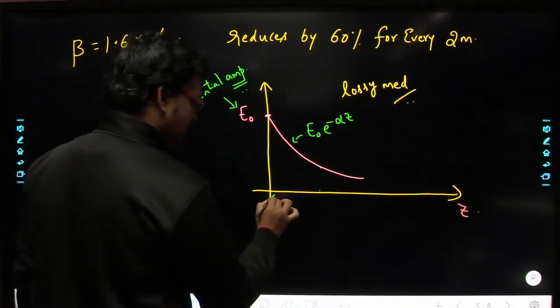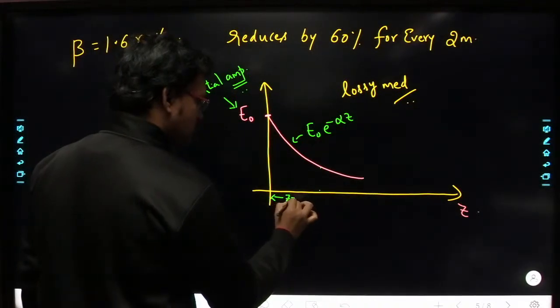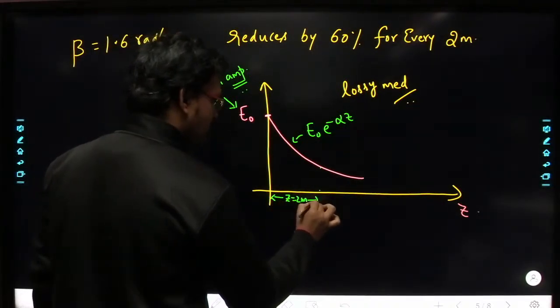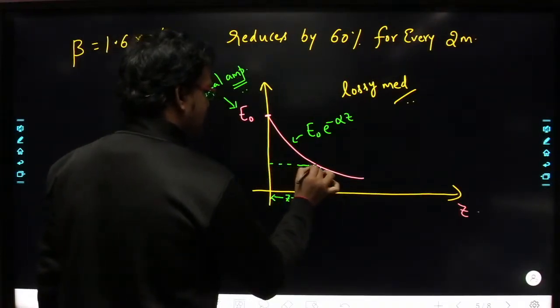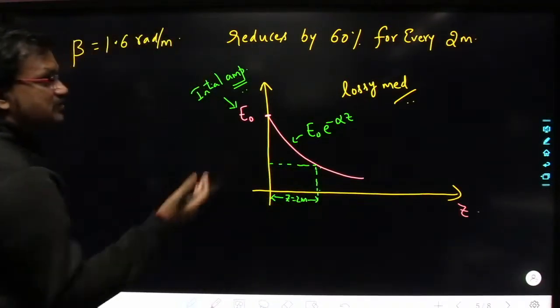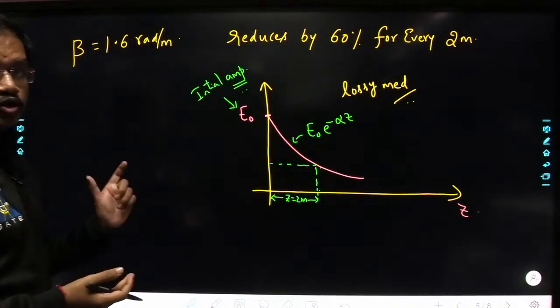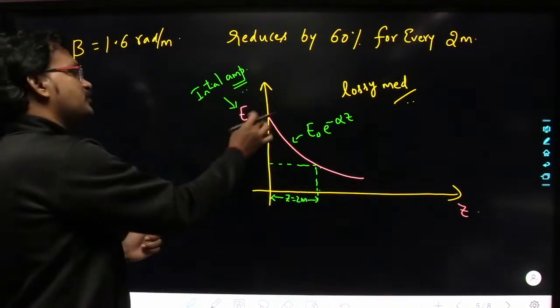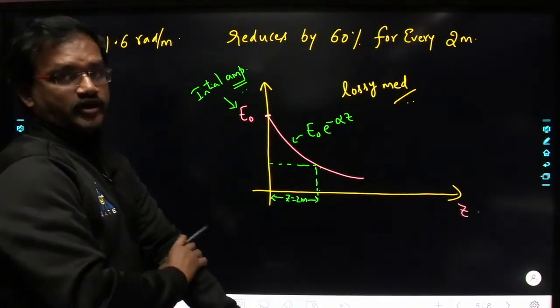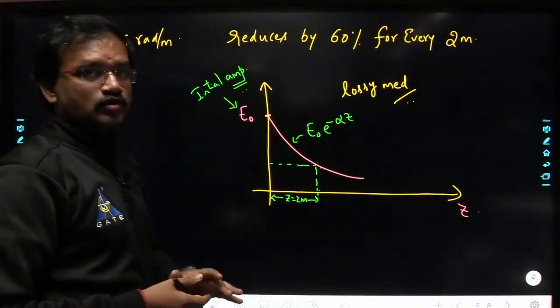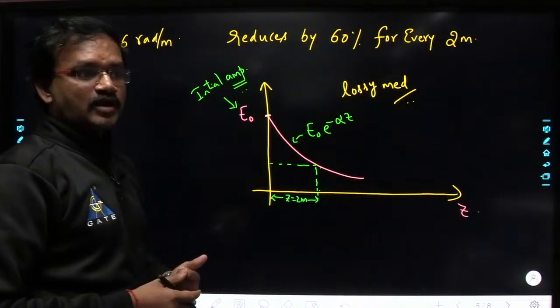So after traveling a distance z equal to 2 meters, its amplitude has become what? 60% will be reduced for every 2 meters. Initial amplitude is E0. After traveling 2 meters, 60% will be reduced, so only 40% of the initial amplitude will be left.